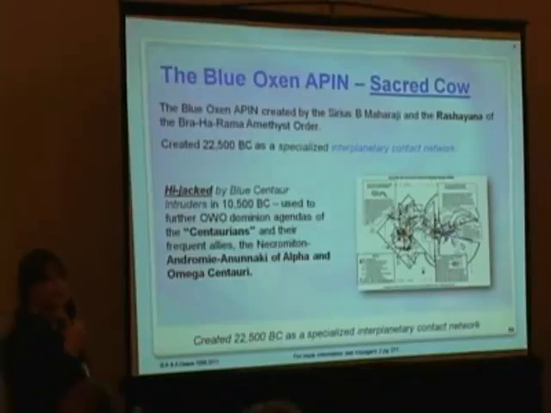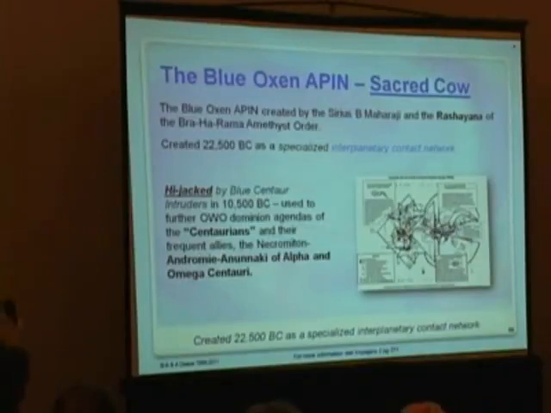That's one of the things that the Apin systems are, their communication networks. It was hijacked by the Blue Centaur intruders in 10,500 BC, used to further the One World Order Dominion agendas of the Centaurians, which of course is Templar Dominion, and their frequent allies, the Necromaton and Andromi Anunnaki of Alpha and Omega Centauri.